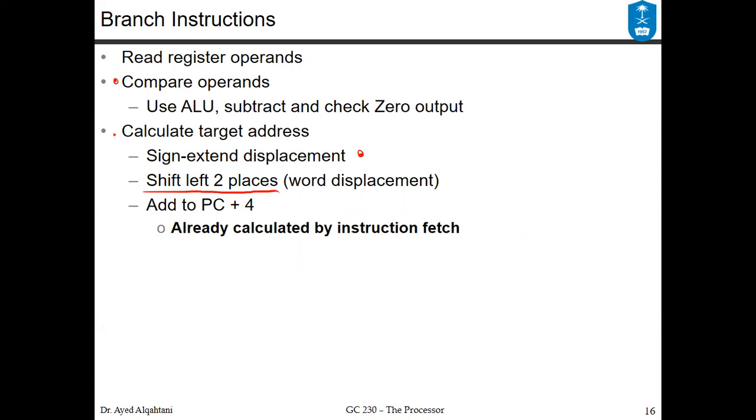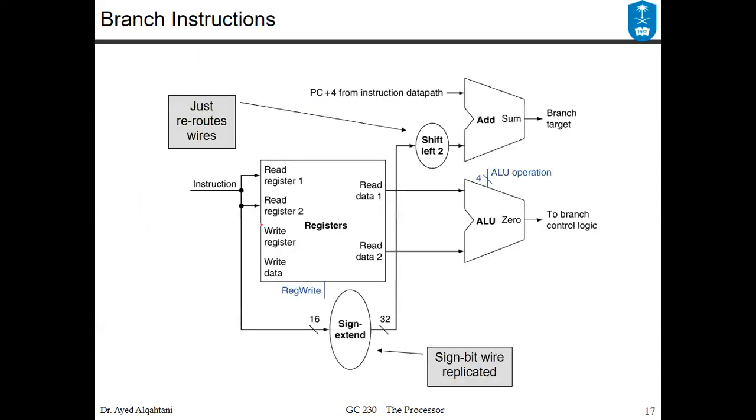So now the offset is ready, and you add PC plus 4 to the sign extended displacement shifted by 2. Now, to do the branch instruction, this is what we have.